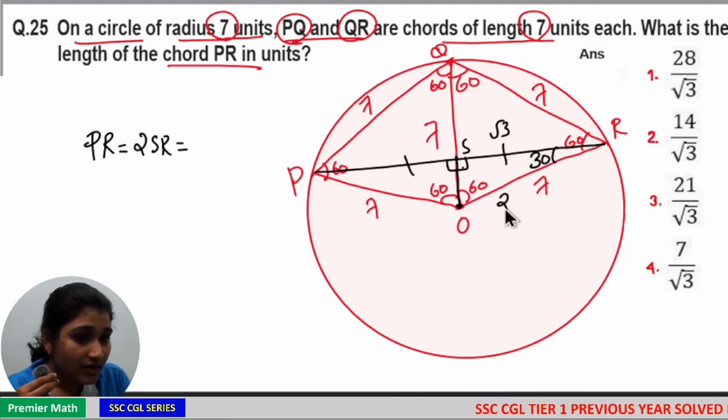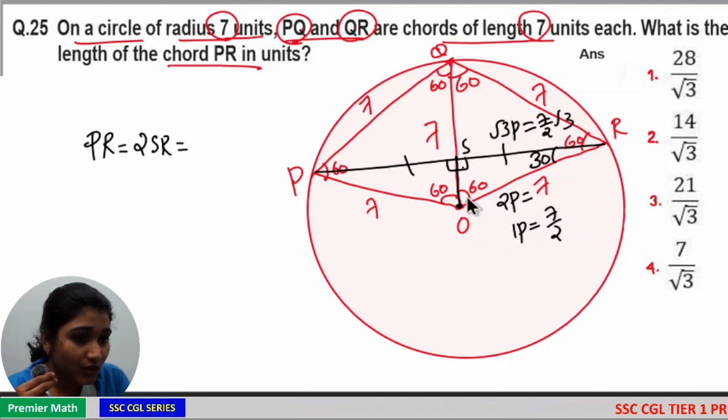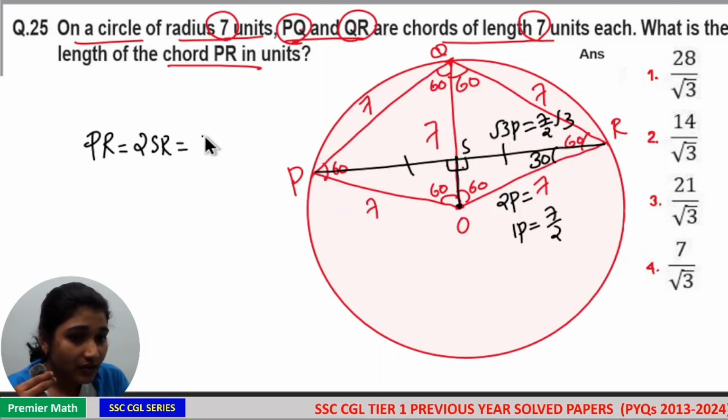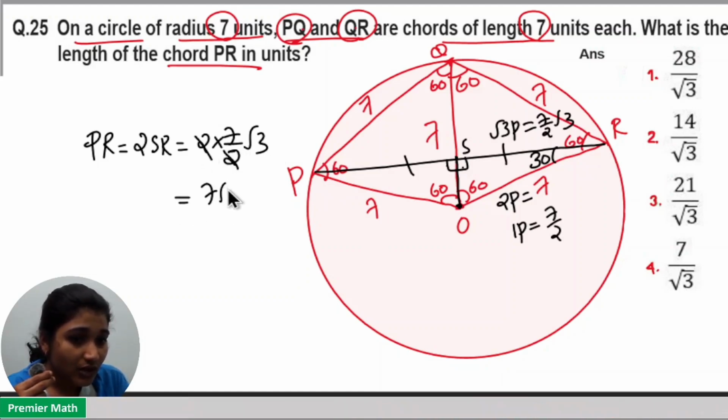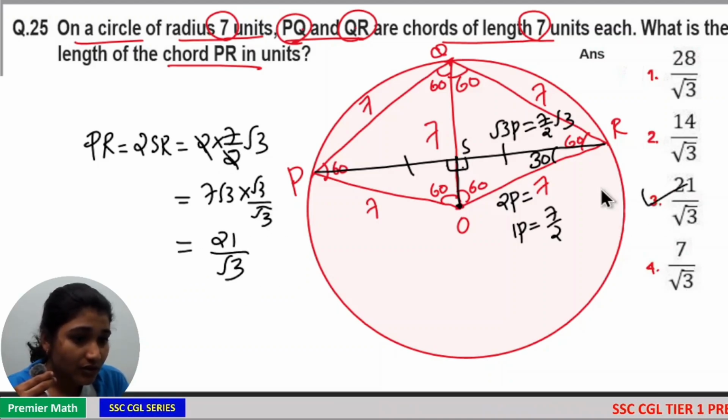That is, adjacent side and hypotenuse are in the ratio root 3 is to 2. So this is root 3 part and this is 2 part. 2 part is equal to 7 means 1 part is equal to 7 by 2. Then root 3 part is equal to 7 by 2 root 3. Then PR is equal to 2 times RS, that is 2 times 7 by 2 root 3, which is 7 root 3. So 7 root 3, multiply it with root 3 by root 3, which will become 21 by root 3. Option 3 is your answer.